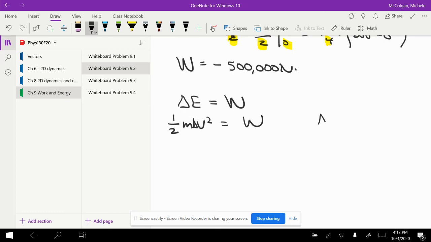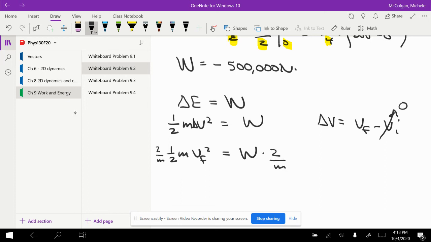So I know delta v is equal to v final minus v initial. And I know my v initial is equal to 0, starts from rest. And so I have 1/2 m v final squared is equal to the work. I multiply by 2 and divide by m on both sides so that I can cancel these out on the left, and I get v final squared is equal to 2W over m.